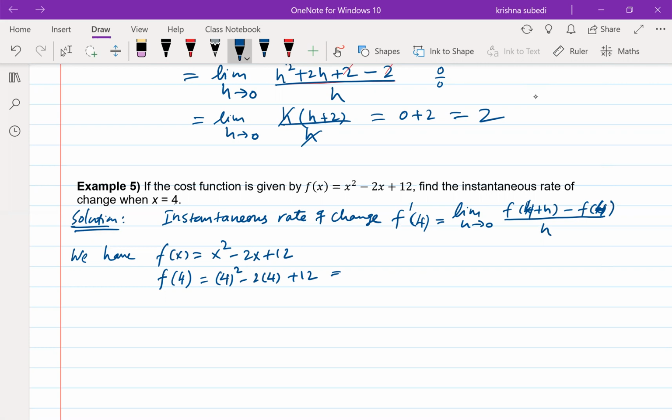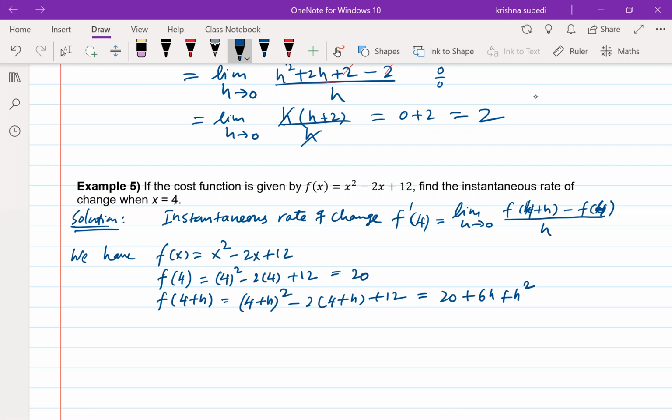That's going to give me 20. And let us find f of 4 plus h, which is 4 plus h squared minus 2 times 4 plus h plus 12. If you simplify this, you'll get 20 plus 6h plus h squared.